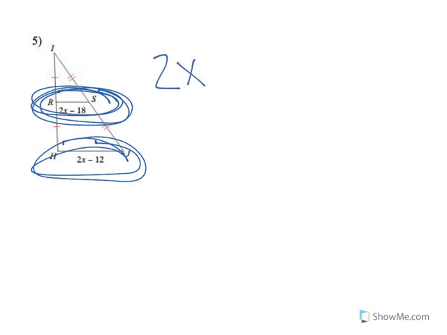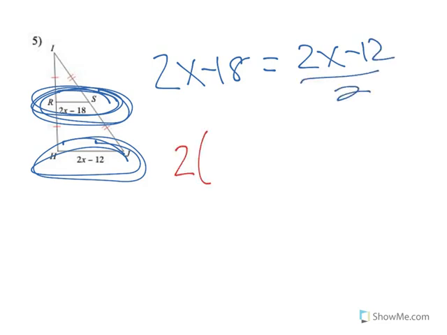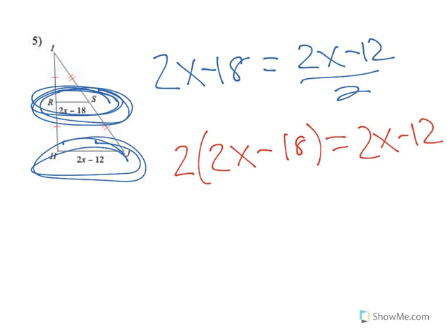So we would say 2x minus 18 equals 2x minus 12 over 2. Or we can say that 2 times 2x minus 18 equals 2x minus 12. Same difference. Because to get rid of this 2, you would multiply both sides by 2 and you would get this, right?